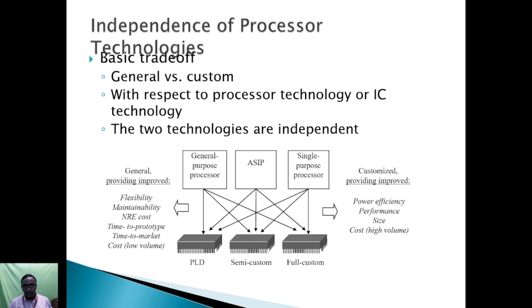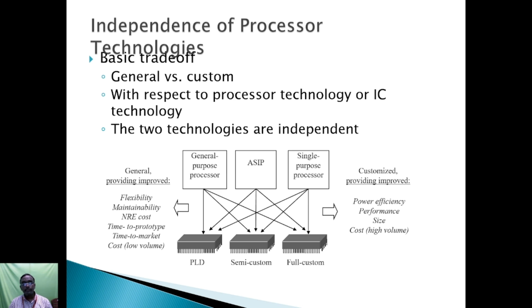Next one is independence of processor technology and IC technology: the basic trend is general versus customized. With respect to processor technology and IC technology, the two technologies are independent. Here one is general purpose processor, another one is ASIP, next one is single purpose processor.